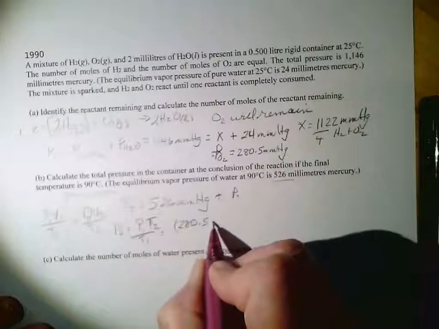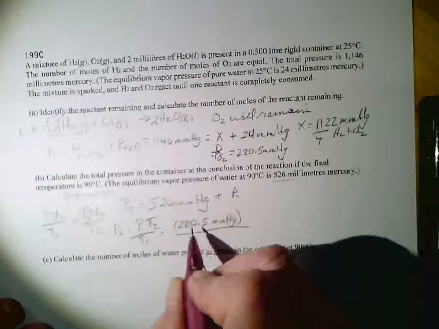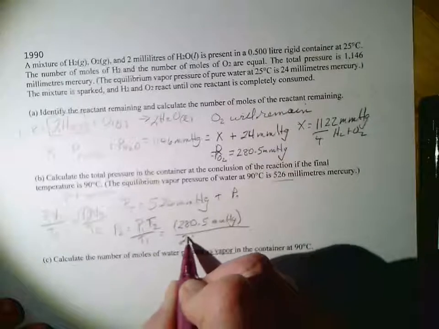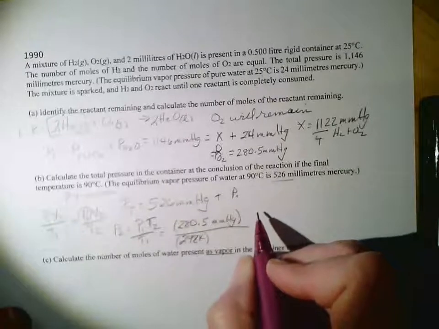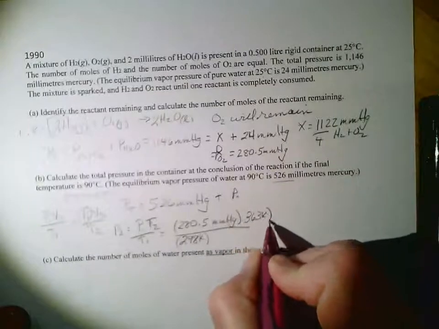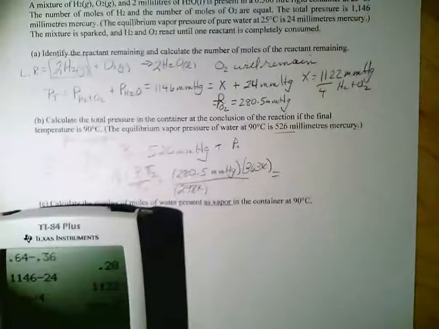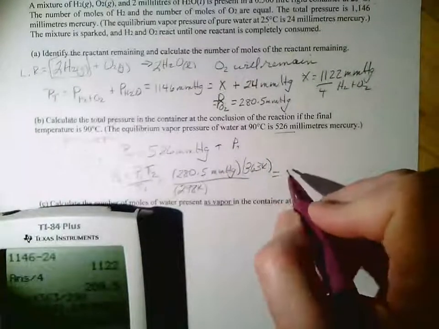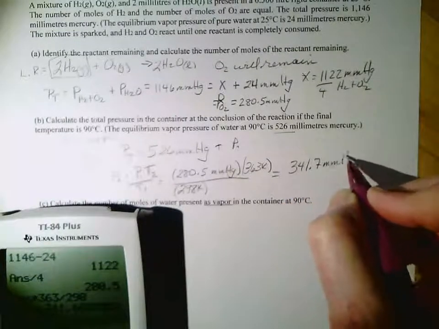So that equals 280.5 millimeters of mercury over 25 plus 273, which is 298 Kelvin. And then T2 is going to be 90 plus 273, which would be 363 Kelvin. And so our new pressure is going to be 280.5 times 363 divided by 298 equals 341.7 millimeters of mercury.